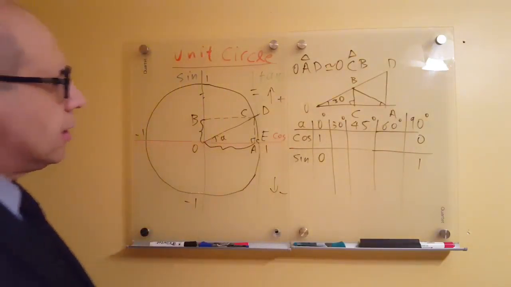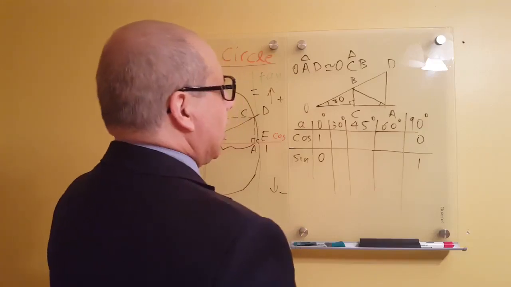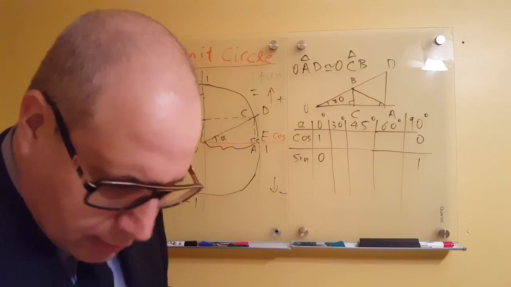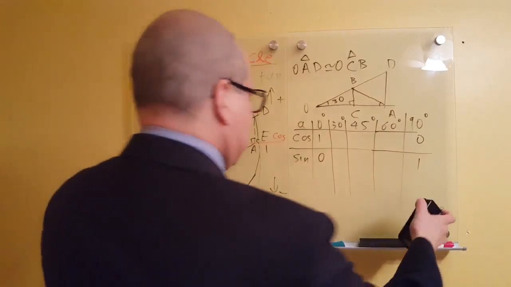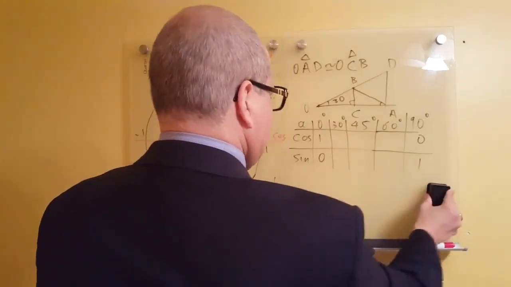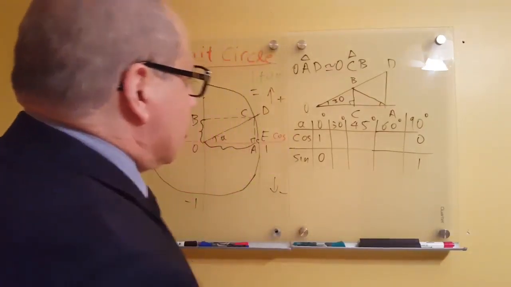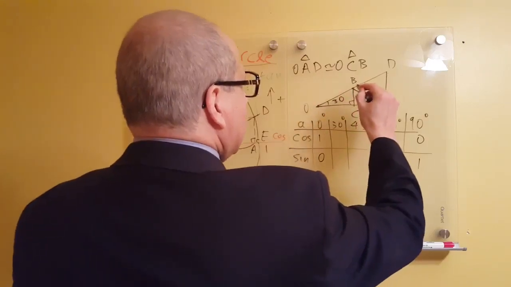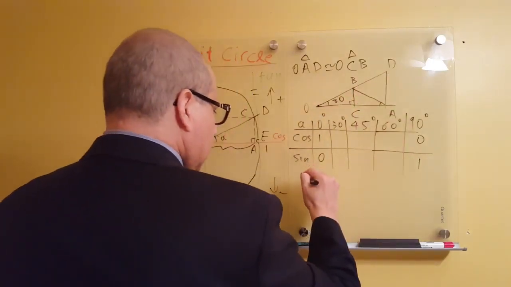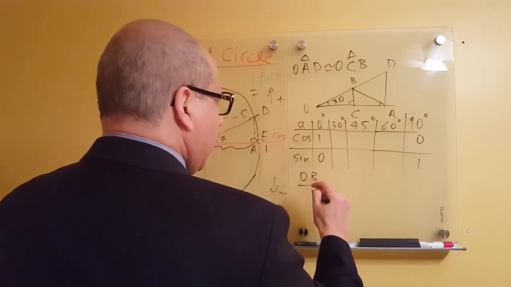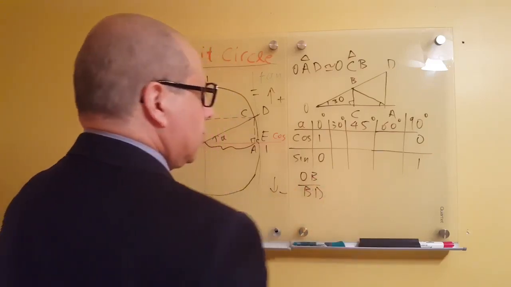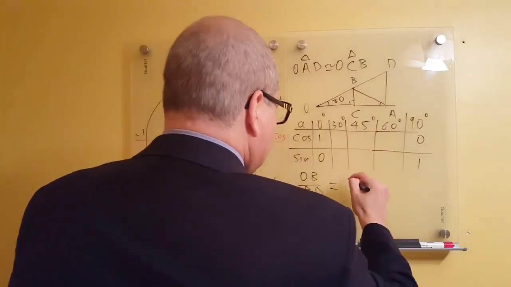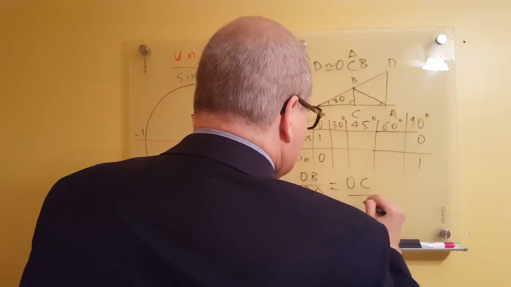So what does it mean? It means that the ratio of OB over BD has to be equal to the ratio of OC over CA.